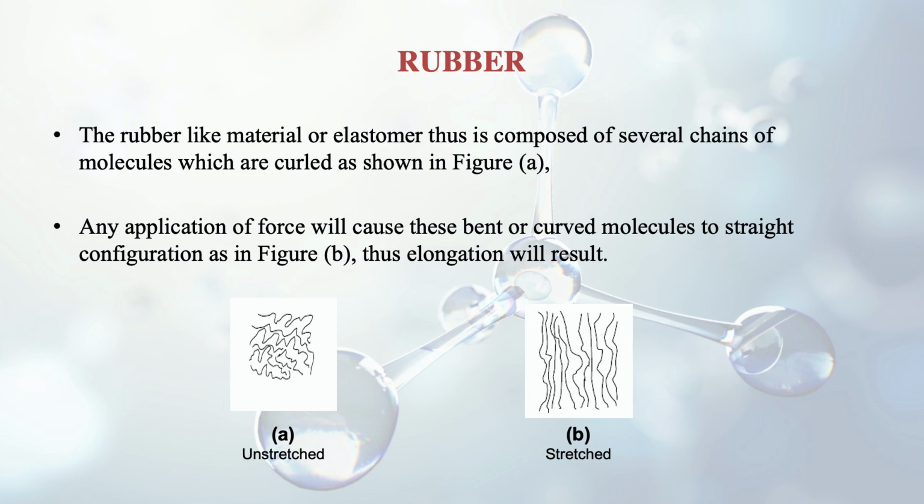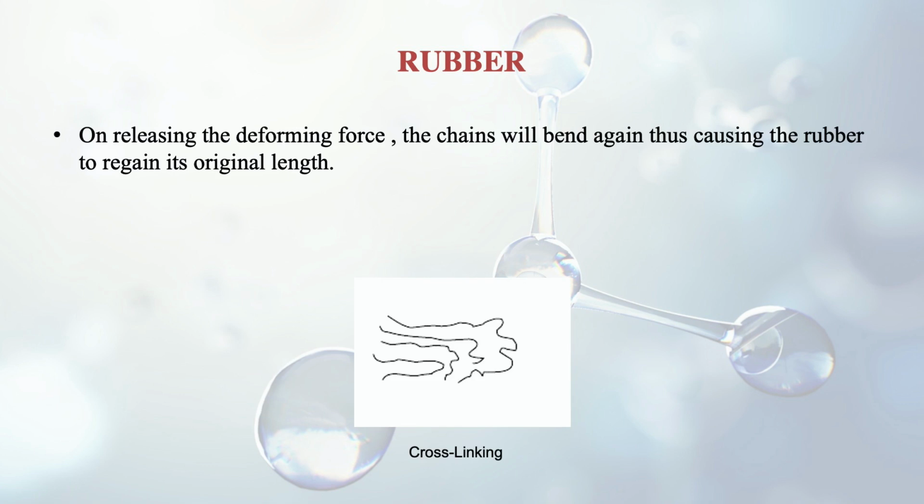This configuration is shown in figure B. You can see the chains have straightened up. But when we release this deforming force, the chains will bend again, thus causing the rubber to regain its original length. That's why it has very good elasticity, because elasticity is the property of regaining original length after the force is removed. Rubber is a very elastic substance.